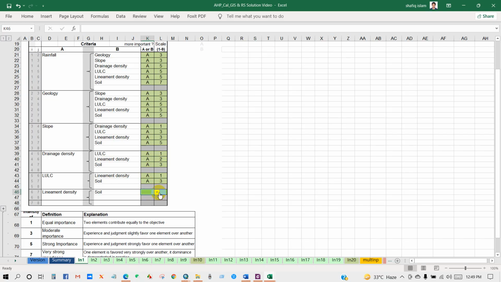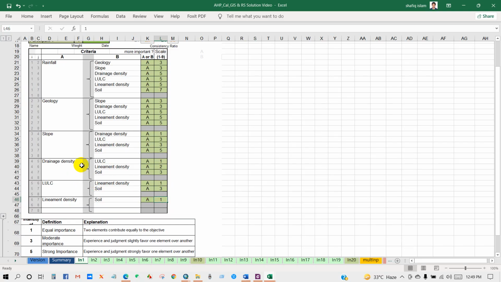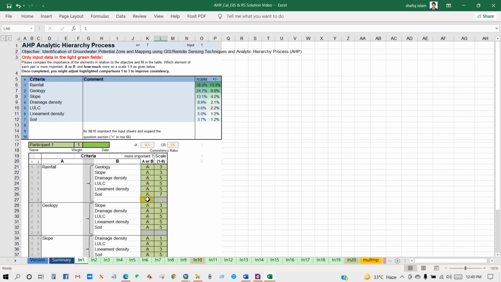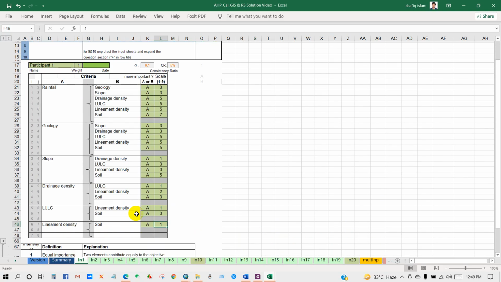For lineament density or soil, which is more important? If soil is more important, then you have to give here B, I mean soil. But for my case, lineament density is more important than soil, but both are equally important, so I have given 1. So this is up to you, your personal judgment and expert opinion. You have to keep the idea of your study area.